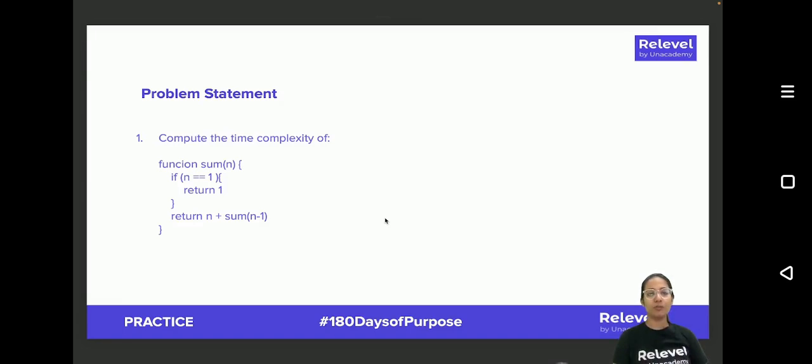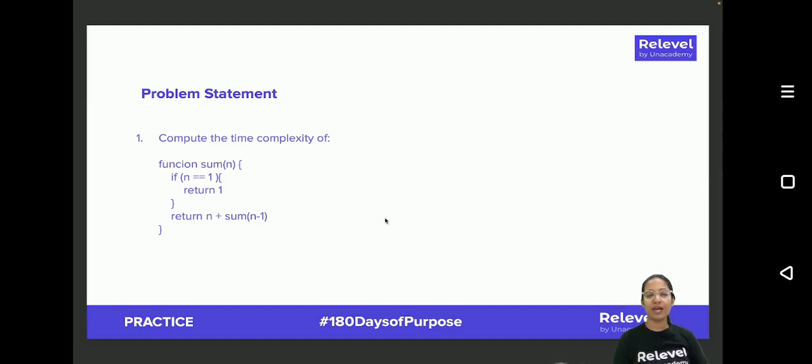The first problem says that you need to compute the time complexity of the given function. The name of the function is sum, and we are passing an integer value n. This is a recursive implementation, so there is a recursive call made in the code to sum of n minus 1.